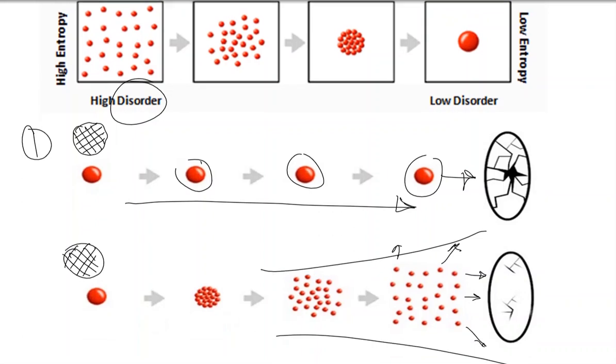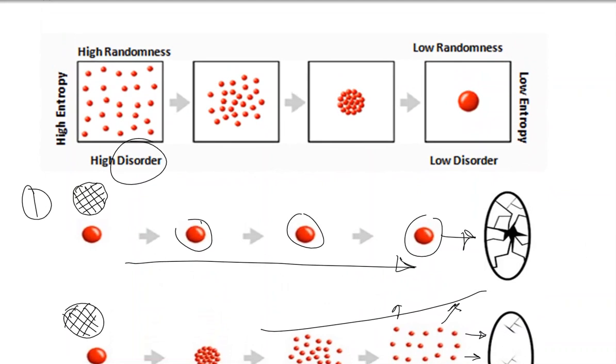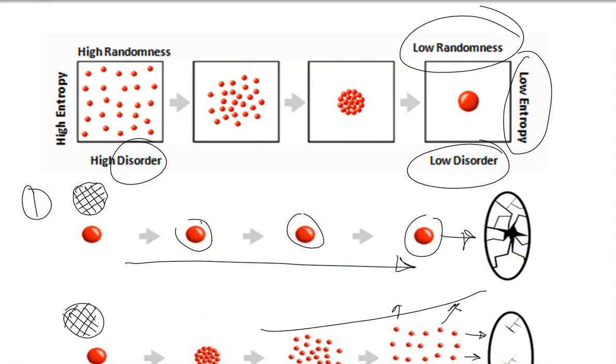That means the entropy in the first condition was low, with low randomness and high orderness, but with high energy. In the other condition, we moved from low randomness to the scattered one.